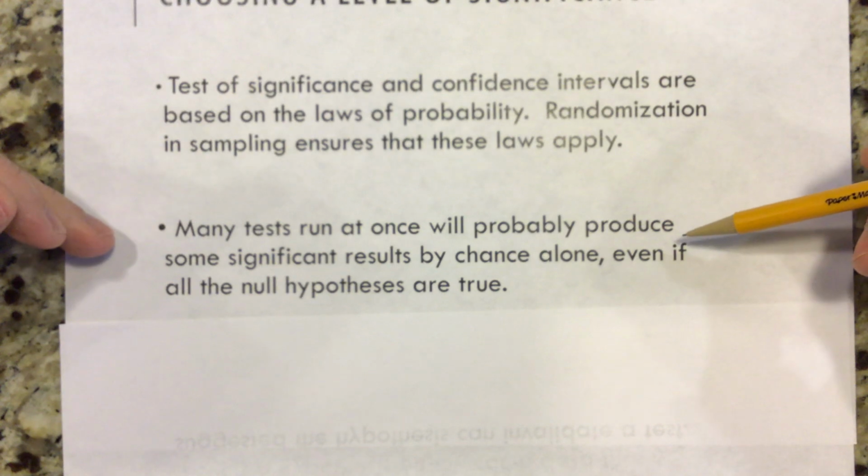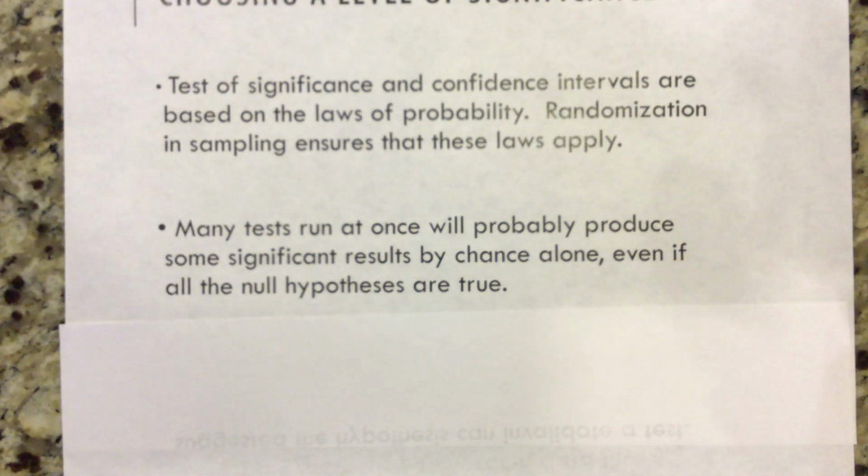It is incorrect to run a whole barrage, a whole battery of tests all at once. If I run 100 tests at once, well, random chance says 1 in 100 should have a p-value less than or equal to 1% on average, right? It's not a guarantee, on average. 5 out of those 100 should have p-values less than or equal to 5% on average, right?